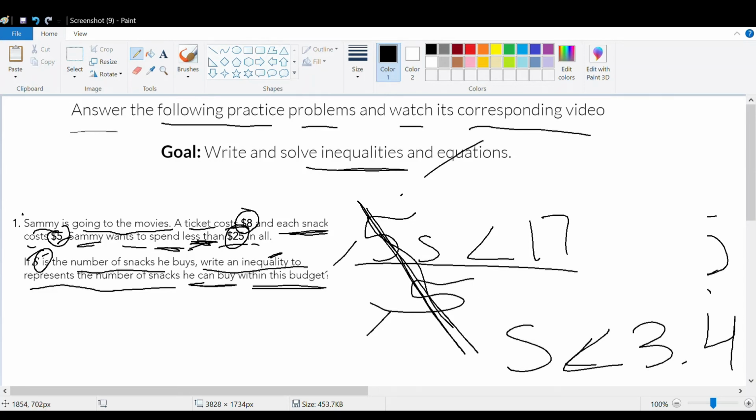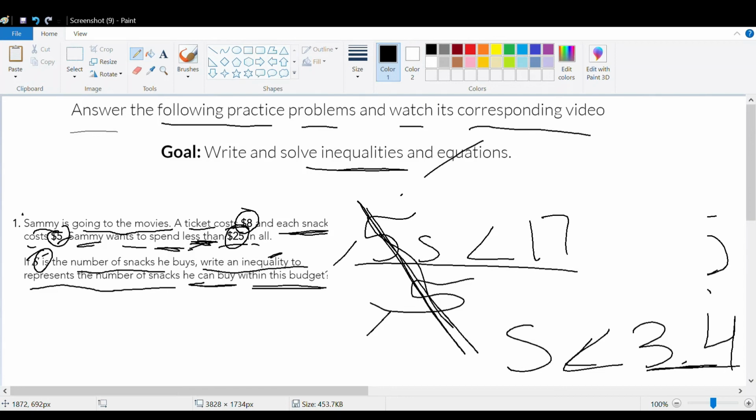So you can't buy 0.4 of a snack. And if you go over 3.4, that's 4, and 4 is more than 3.4. So that would increase his total budget, and it would pass $25.